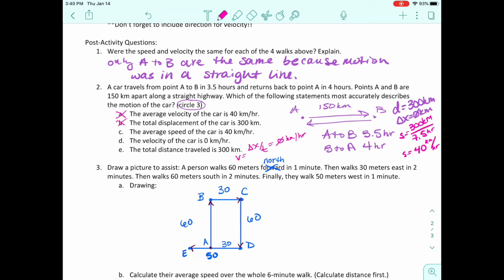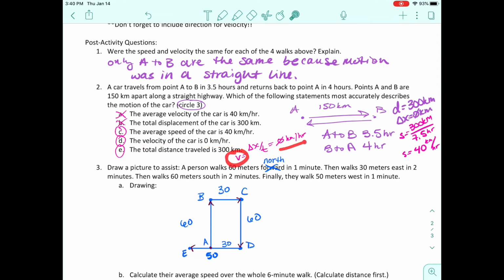Well, that only leaves us with 3 left. So that must mean that the next 3 are true. But let's go ahead and confirm. So C says that the average speed is 40 kilometers per hour. We calculated the speed over here, and we did indeed get 40 kilometers per hour. So that one is good. D, the velocity is 0 kilometers per hour.